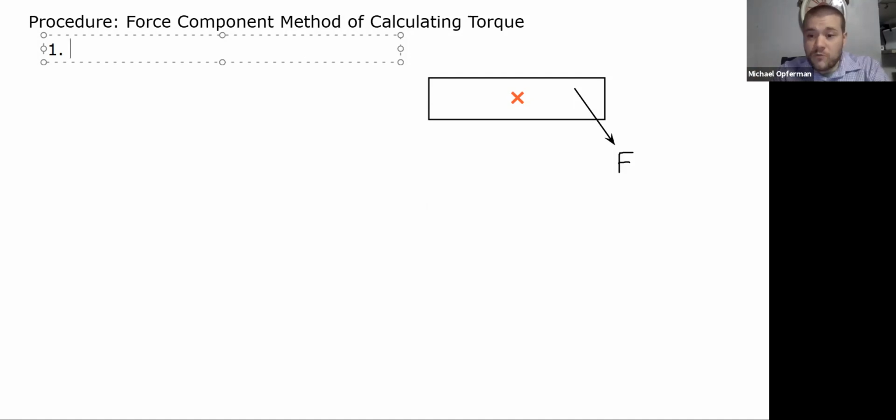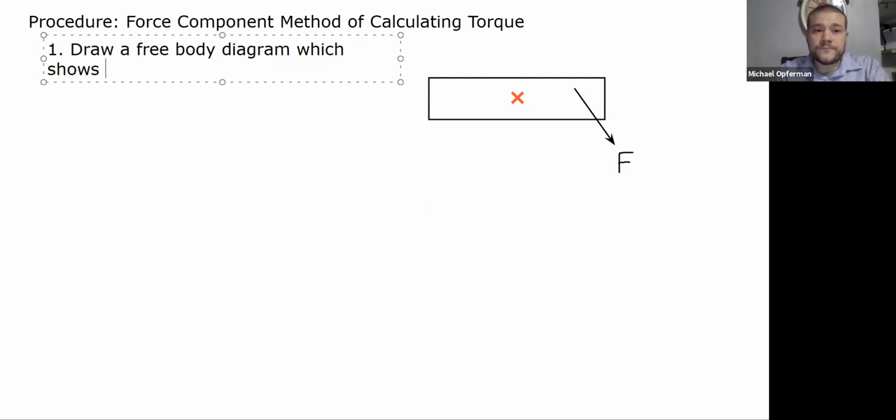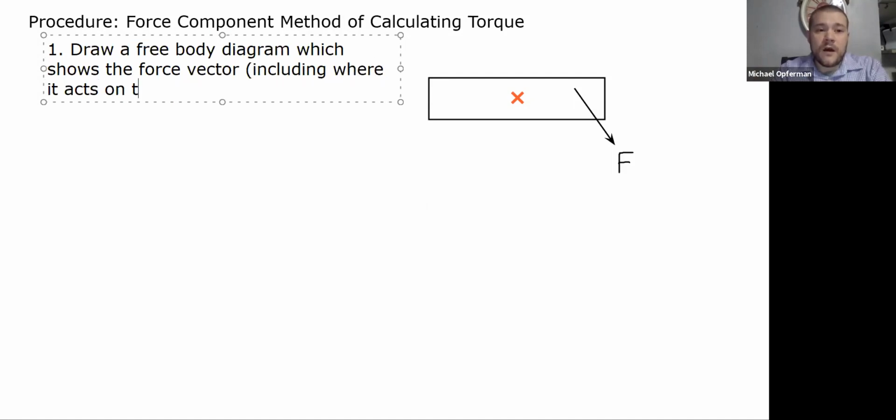So step one is actually what I've already kind of pre-started here. You want to draw a free body diagram of the situation, which shows the force vector, including where it acts on the object.